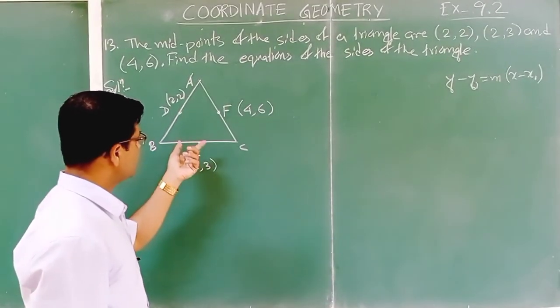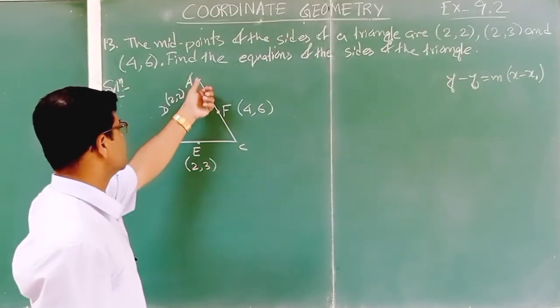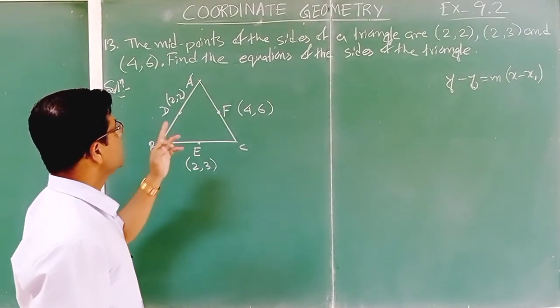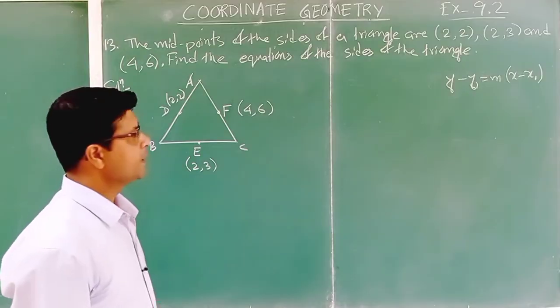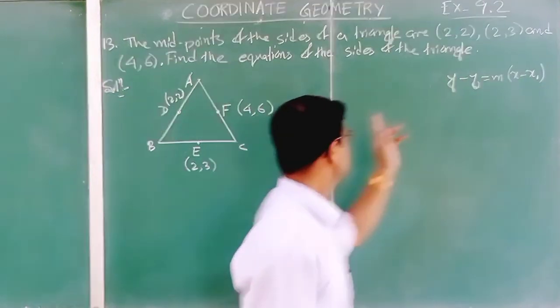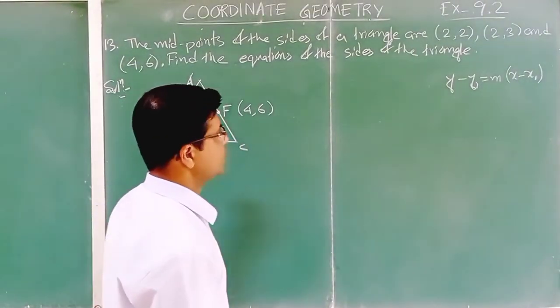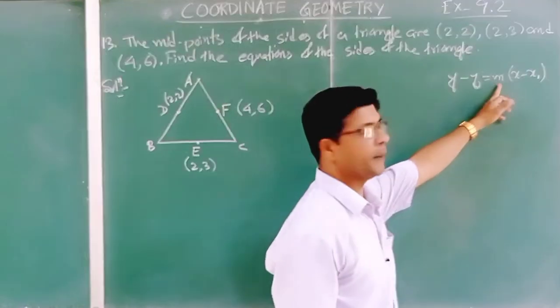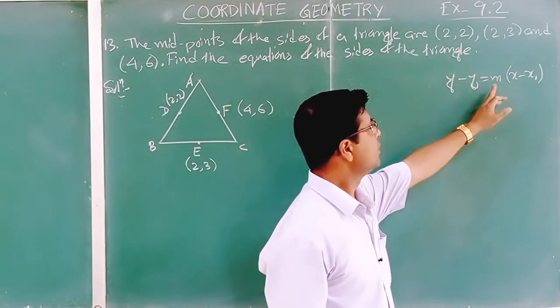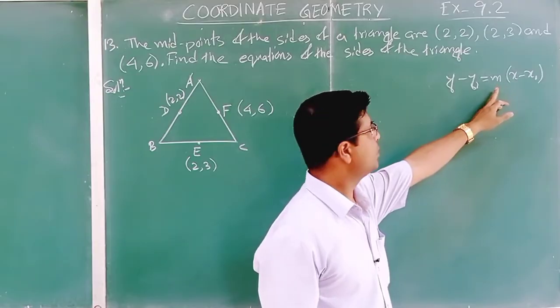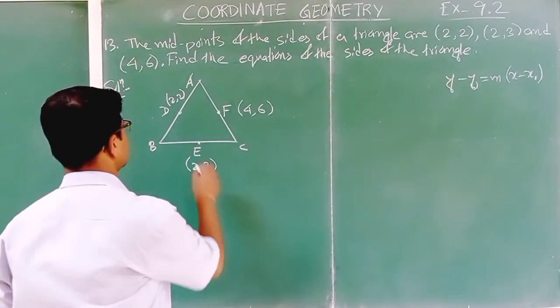We can do similarly for the others, but let us concentrate on finding the equation of the straight line AB. Here we know x1 and y1: x1 is 2, y1 is 2. But the problem is we don't know m. So our first intention is to find the value of m, that is the slope or the gradient. Let us look for that.